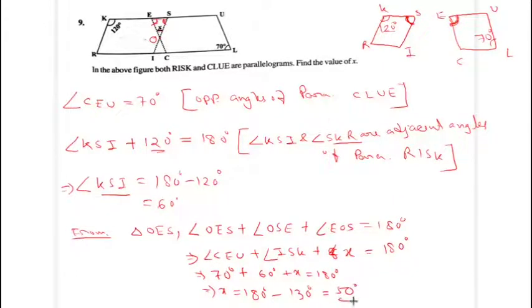So the value of X is 50 degrees. This is a very simple sum. We just separate the parallelogram, find the value of these two angles, and then using the angle sum property of a triangle, we find the value of X. Hope you have understood this. Now move to question number 10.